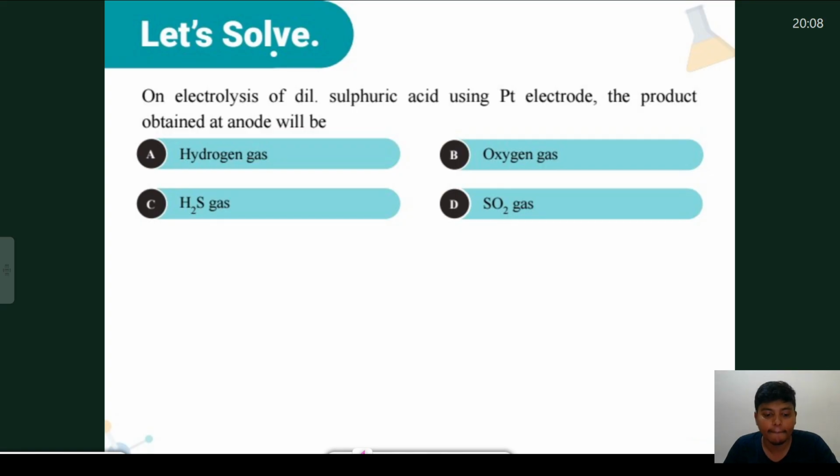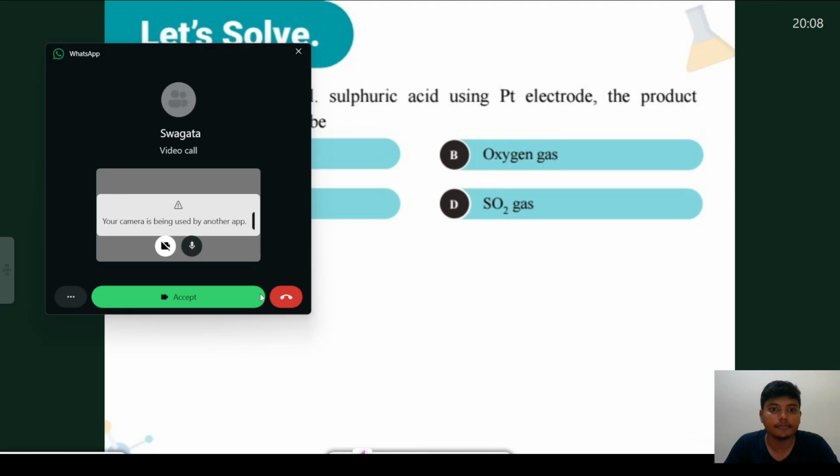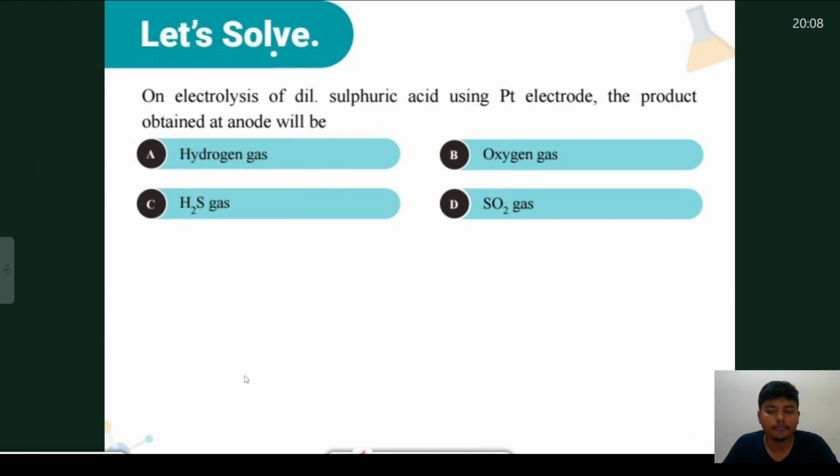Tell me. Option B. Anyone else? Tell: in electrolysis of dilute sulfuric acid using platinum electrode, the product obtained at the anode.